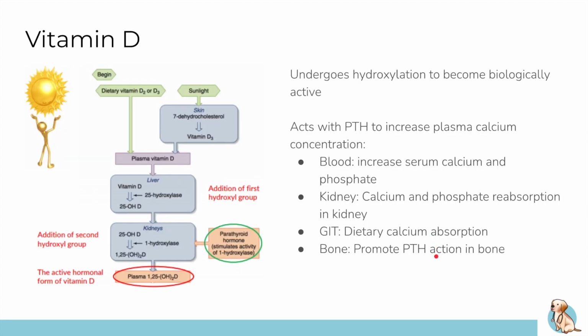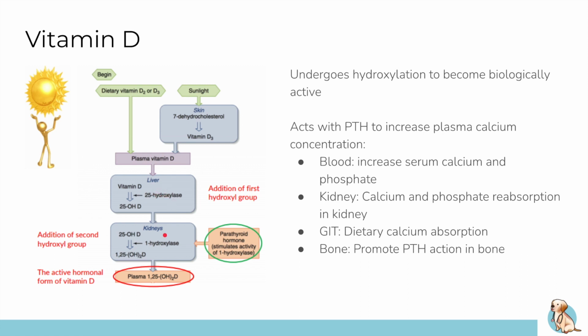Okay, hormones. Let's start with vitamin D. So vitamin D needs to be hydroxylated to become active, and this happens first in the liver, with the first hydroxyl OH group added.